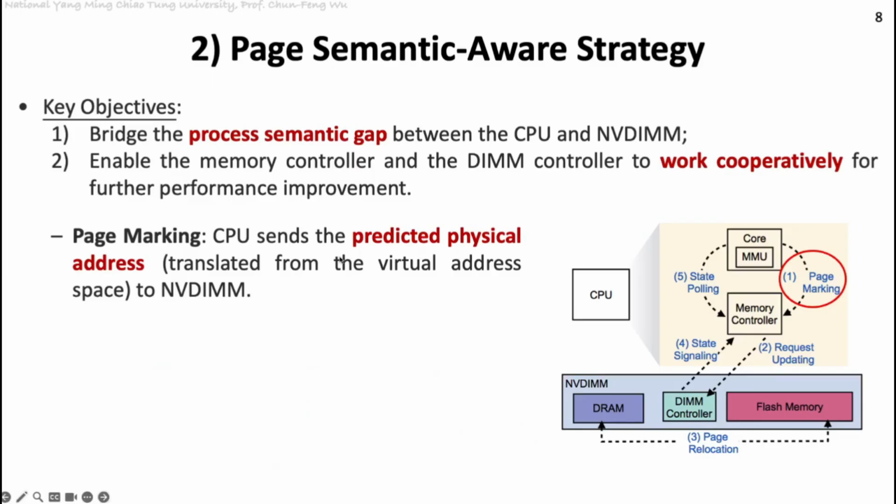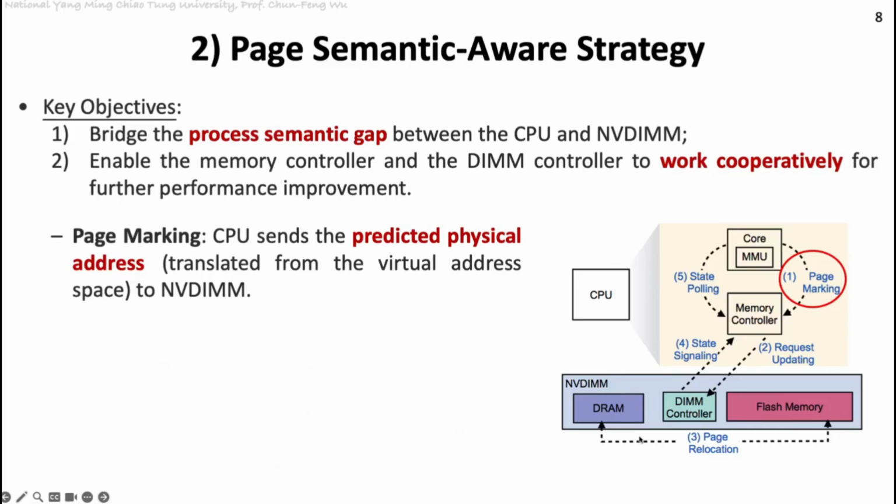After getting the physical address, the CPU can send it into the DIMM controller here. The reason is that this controller is inside the MVDIMM device. It doesn't have any information about the process or the patch table, those kinds of things, because this is only a CPU running in one memory device.